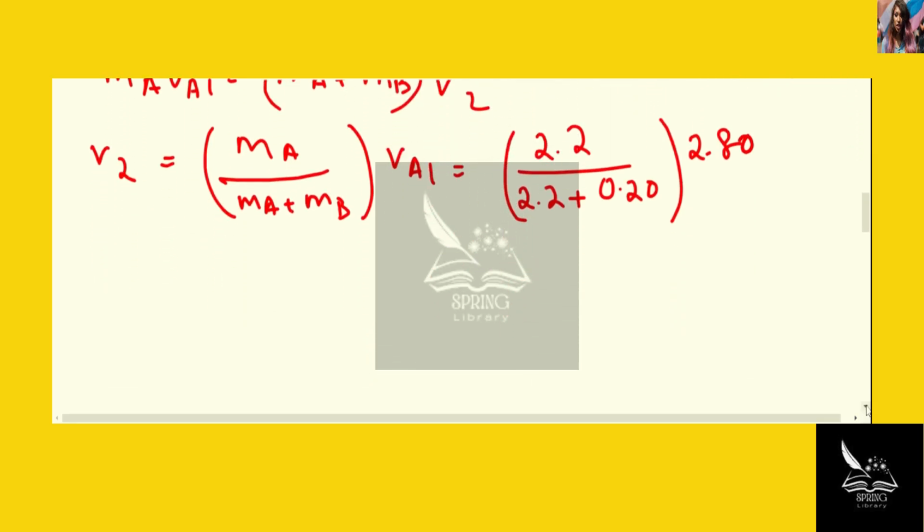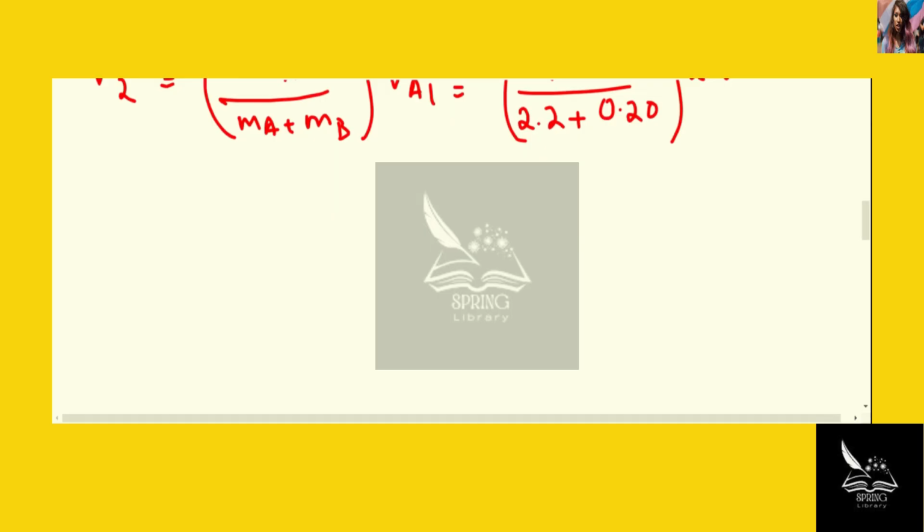After calculation, we get the value to be 2.57 meter per second. So this is the common velocity of the stick and the pan after collision.